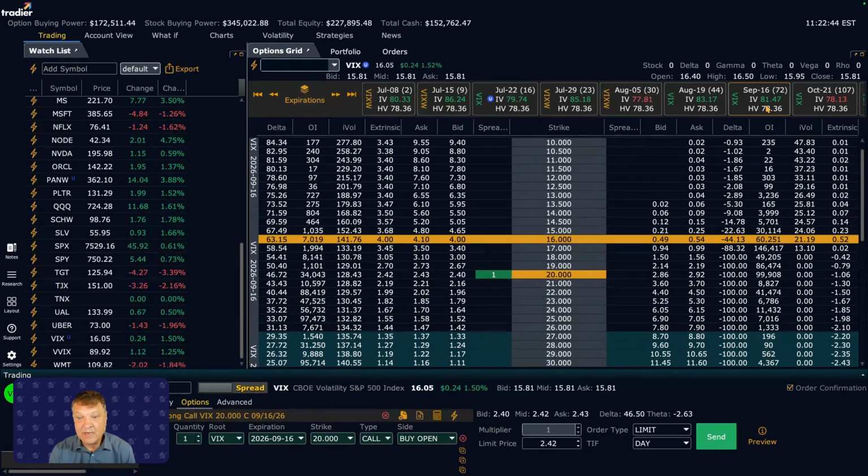But I don't mind paying $2.40 this far out. If you want to get out if you're down on half, but the VIX to me is all about that one black swan event, and you buy it and you hold it. And if it does not work out, then you lose what you paid for it. I don't mind if you want to say, if I lose half of it, I'm going to get out. I don't mind that at all.